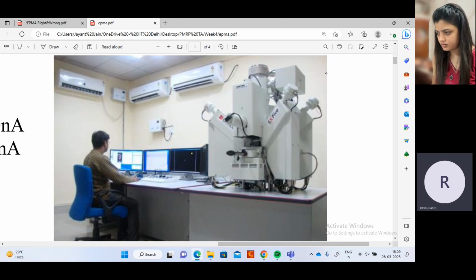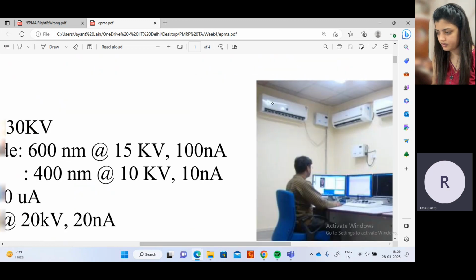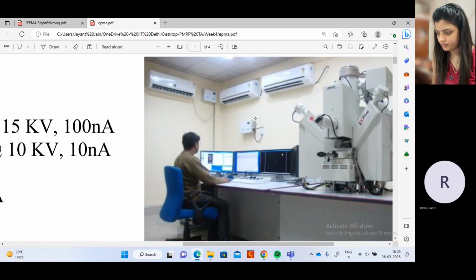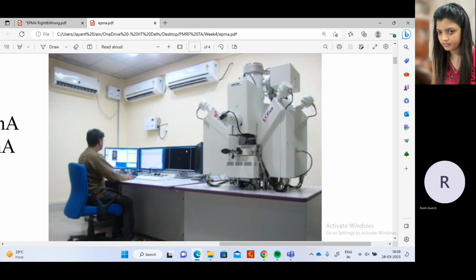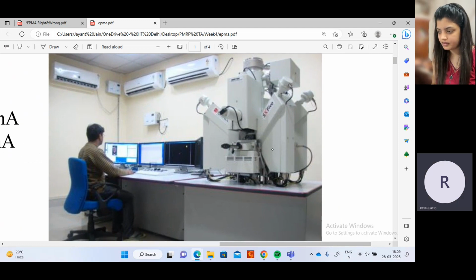As you can see, this is the EPMA. Here the machine is there. Here there will be two to four PCs depending upon the requirement, and then the operator, and as I told in FESEM also, it should be well equipped.